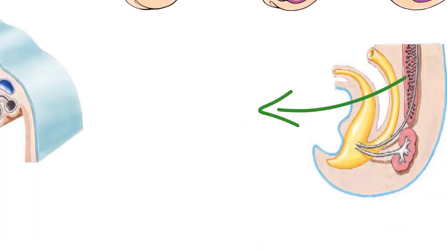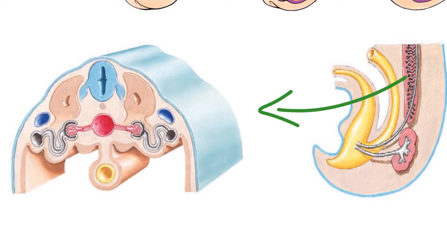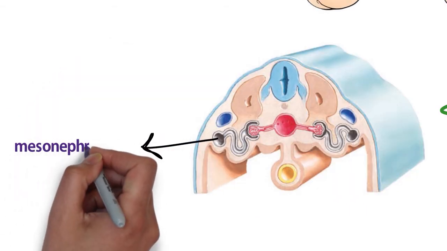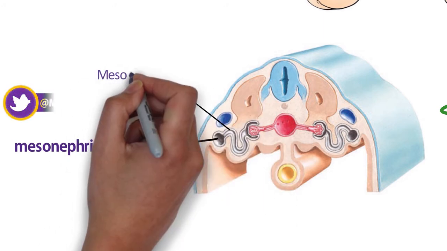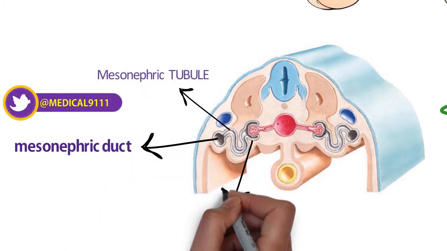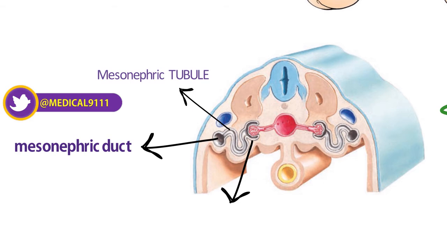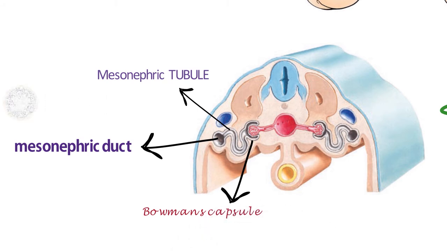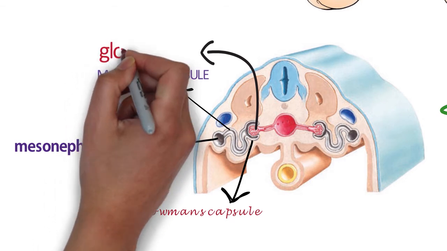Let's take a cross section of mesonephros. You can see in this diagram that this is a mesonephric duct and this is a mesonephric tubule. The end of the mesonephric tubule forms a cup-shaped structure known as Bowman capsule. Bowman capsule acquires a tuft of capillaries, and these capillaries will form a glomerulus.